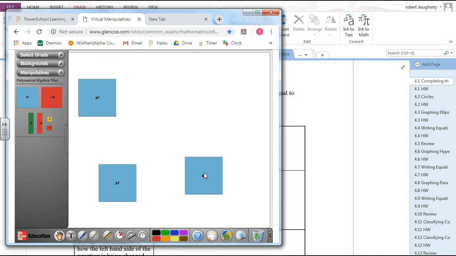I got 3x squared plus 12x, okay? So I got to put the 12x's. Some of them go here, some of them go here, and some of them go here. How can I distribute 12x's evenly? Give each one of them 4, okay? So I can say this guy gets 4. This guy gets 4.